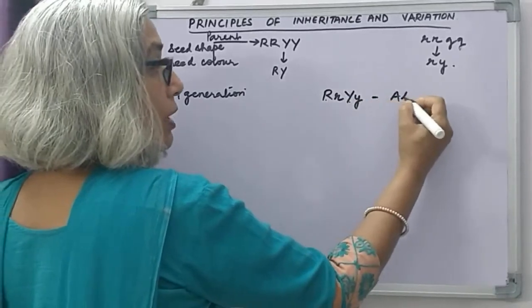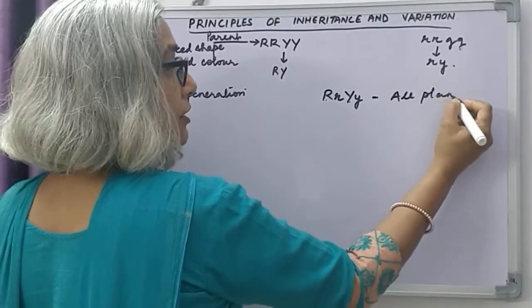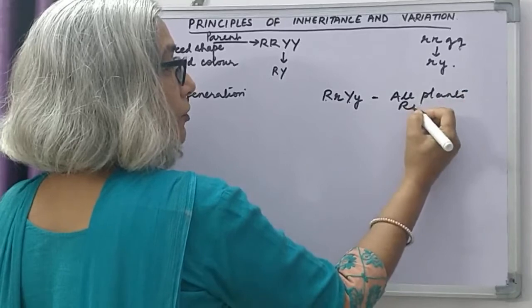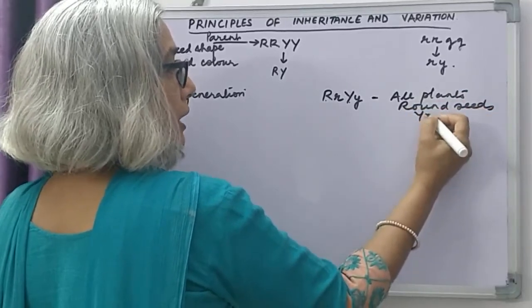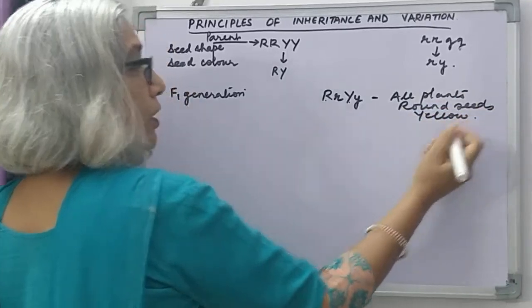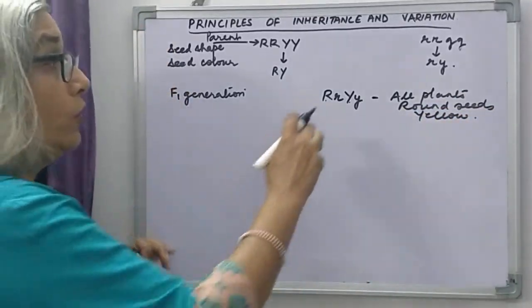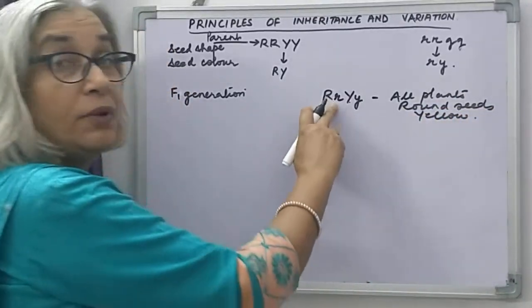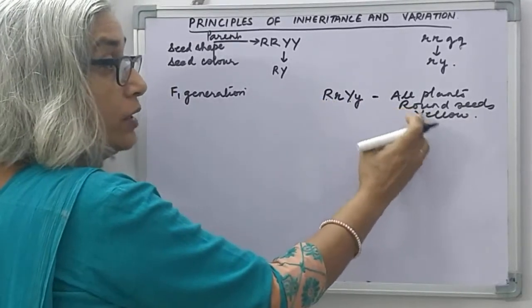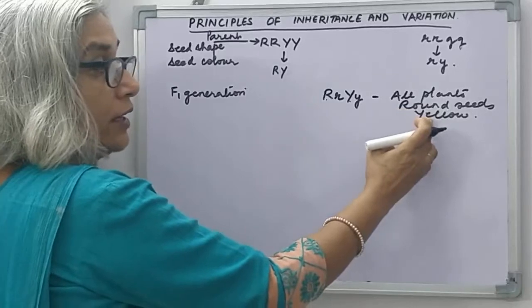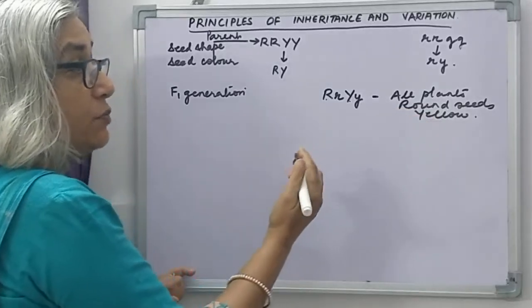So all plants of the F1 generation will have round seeds that will be yellow. Now, this is a hybrid plant in which the dominant character round and the dominant character yellow seed is expressed.